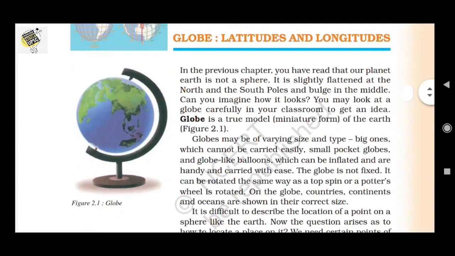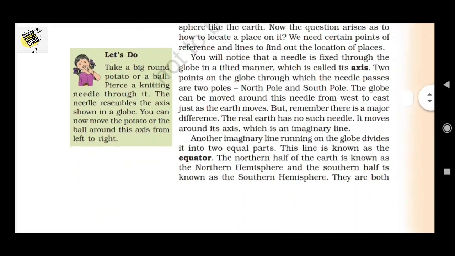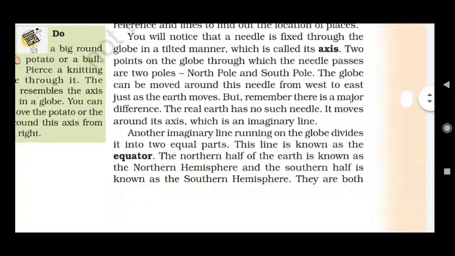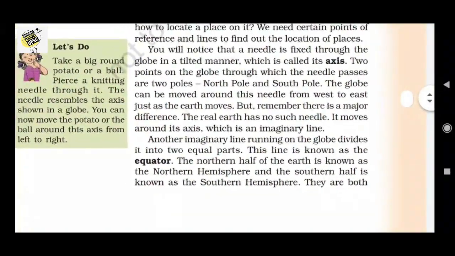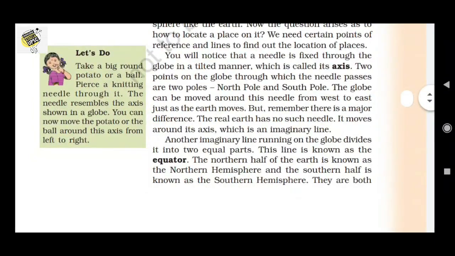Okay, so let's look into another point, that is the equator. So what is the equator? It is an imaginary line running on the globe, which divides the earth into 2 equal parts, and is known as the equator. All the parallel circles from the equator up to the poles are called parallels of latitudes.